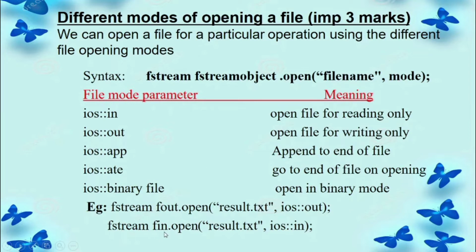Next is fstream fin. This is the input object. So fstream fin dot open result.txt is the text file, comma ios scope resolution operator in. So this parameter will be used to open a file only for reading. So these are the different file mode parameters for opening a file for the different operations.